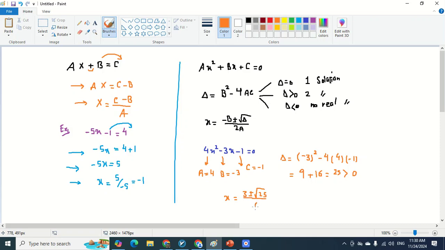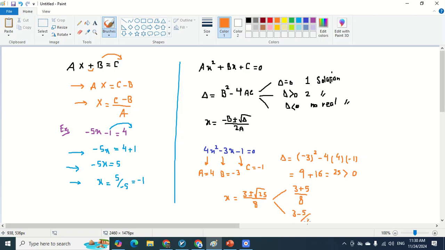One time we consider the plus sign and one time the negative sign. For the plus sign, we have 3 plus 5, the root of 25 is 5, over 8, and the other one is 3 minus 5 over 8.